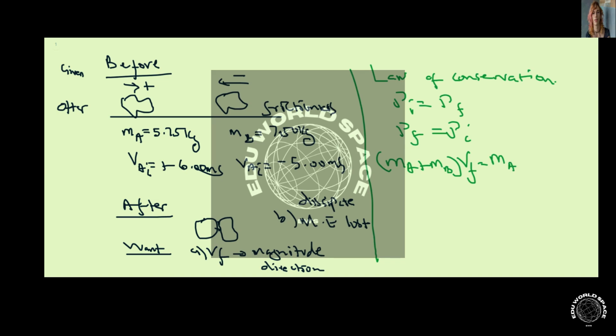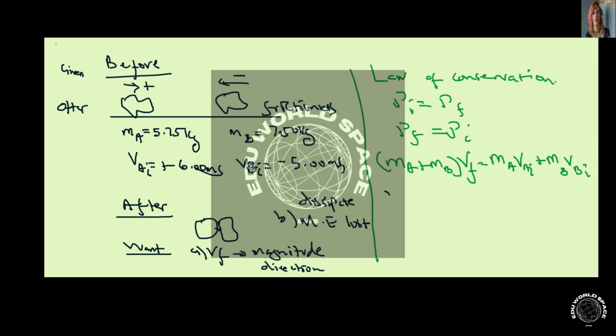The initial momentum of otter A is MA VAI, and that of the second otter is MB VBI. I think we do have to change this to VBI to keep the naming convention consistent.